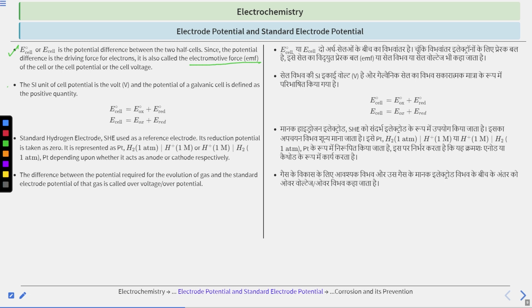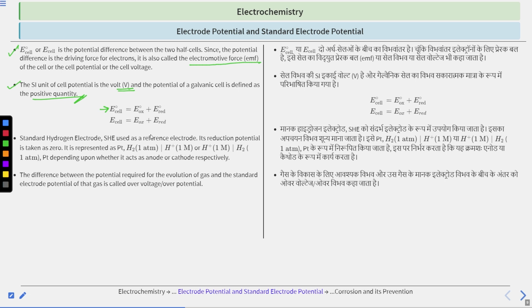The SI unit of cell potential is volt, and the potential of a galvanic cell is defined as a positive quantity. E0 cell will be equal to E0 of oxidation plus E0 of reduction, or you can say E of cell is equal to E of oxidation plus E of reduction.